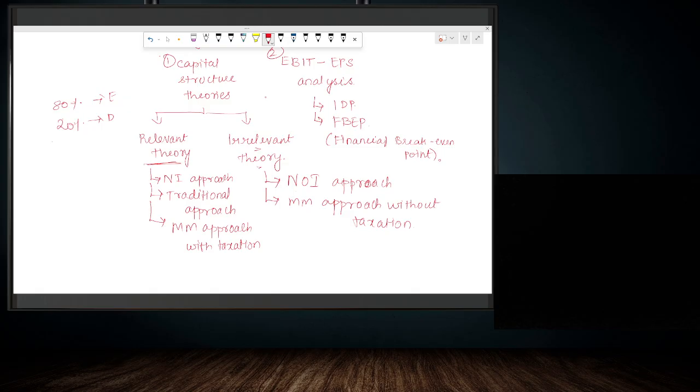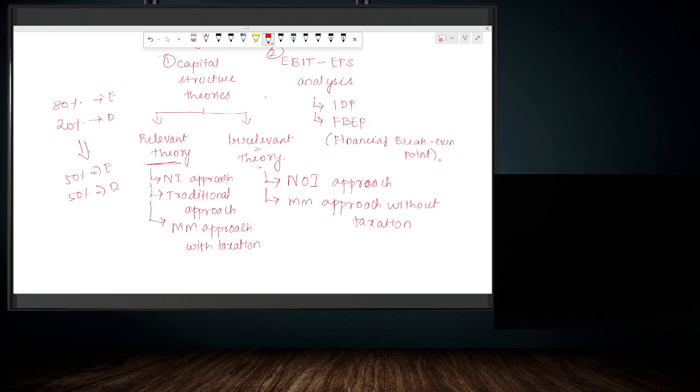Now they have changed the capital structure to 50% equity and 50% debt. So there is a change in the capital structure. Relevant theories say that it will impact the market value of the firm.